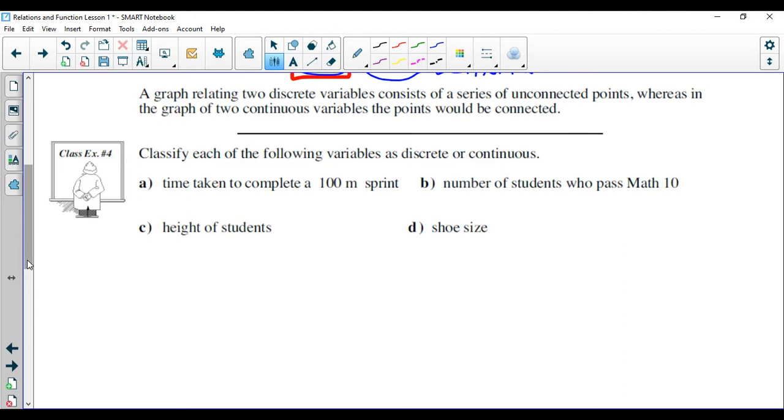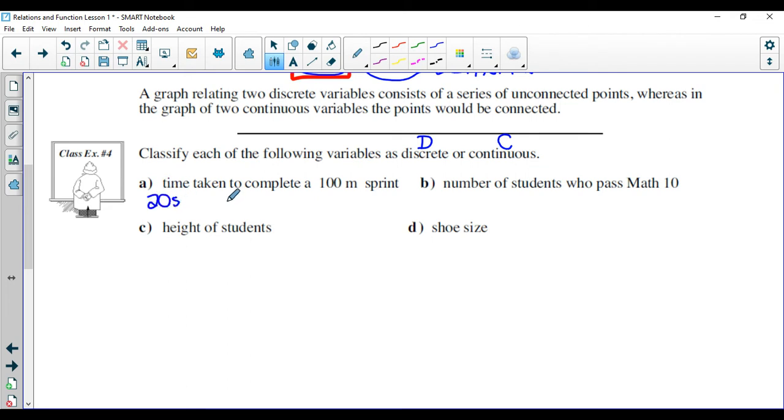Okay, so let's label a few of these here. It says classify each of the following variables as discrete or continuous. So let's use D for discrete and C for continuous. A says the time to complete a 100-meter sprint. Do in-between values make sense? Could you have 20 seconds?